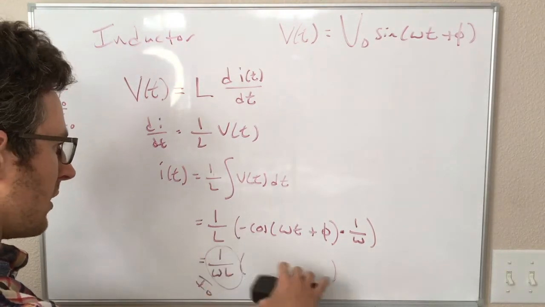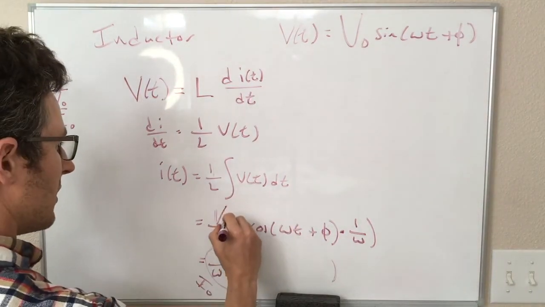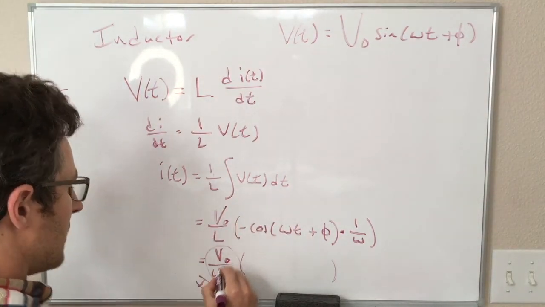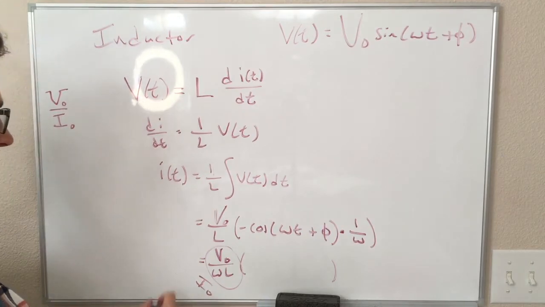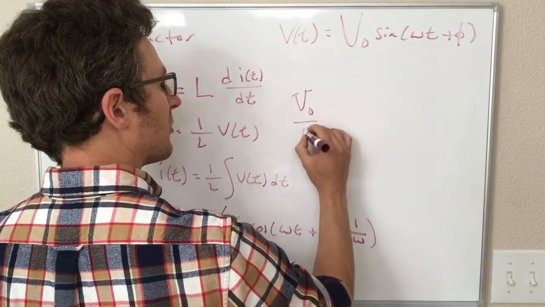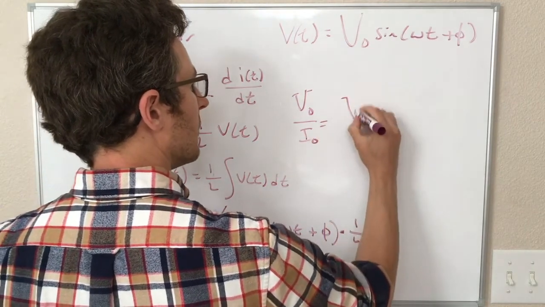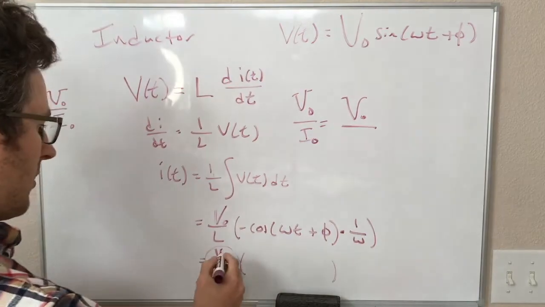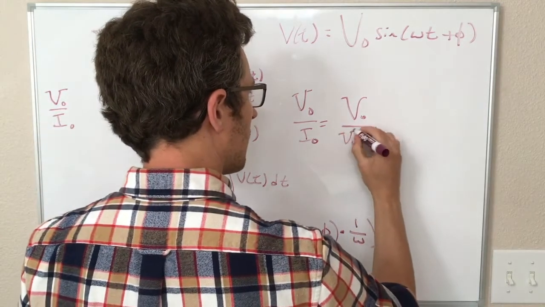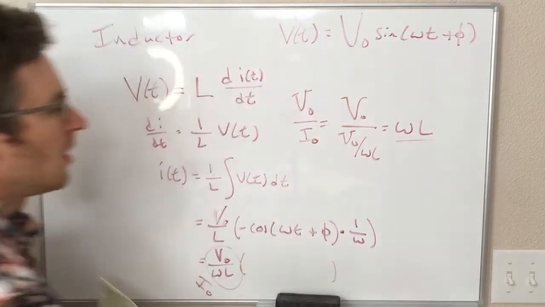There should be a V naught in here also, because that's part of this oscillating function. So this should be a V naught. There we go. This is V naught over omega L. And so then V naught over I naught, these are the amplitudes, is equal to V naught over omega L, which is equal to omega L.